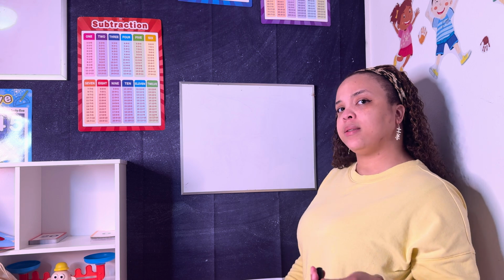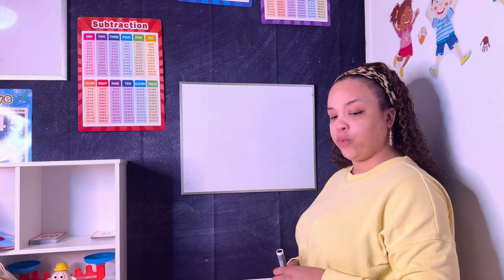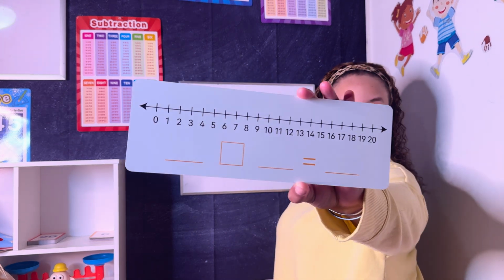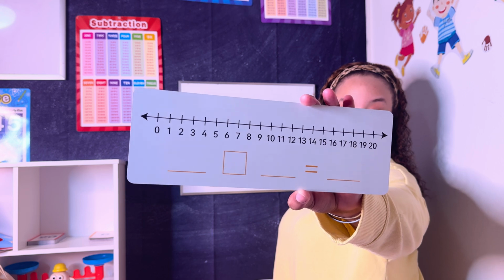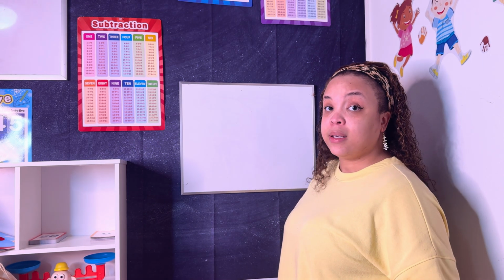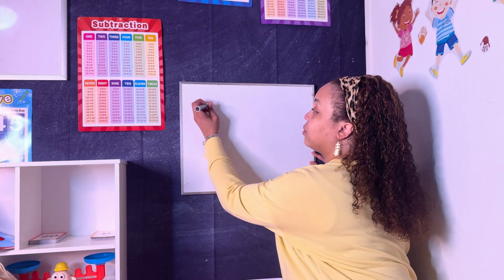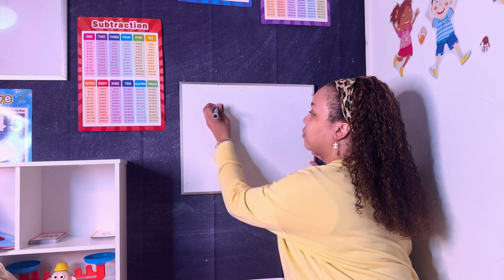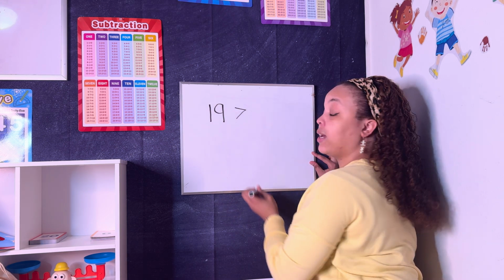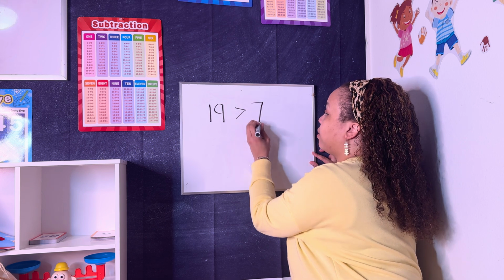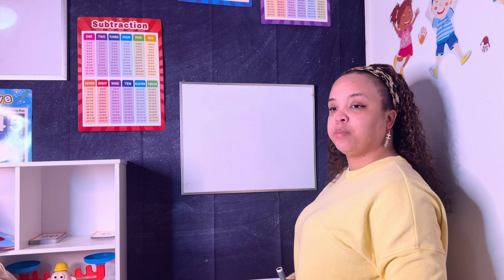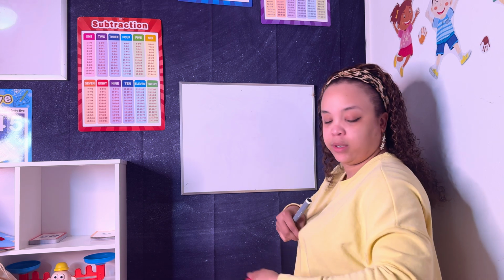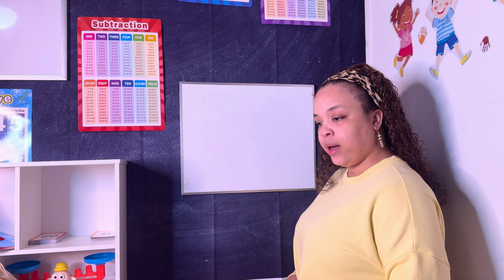Let's try to compare 19 and 7. So if we remember our number line, we see that 19 is furthest to the right, which means that 19 is greater than 7. Greater than is just bigger than, you know?